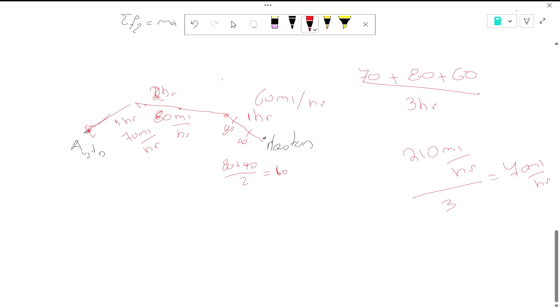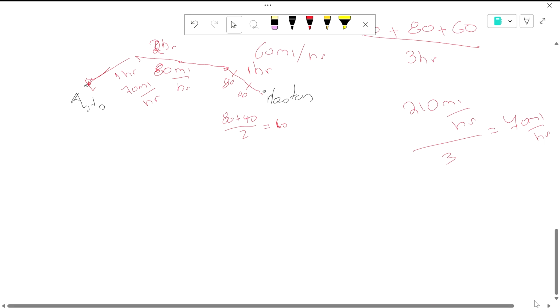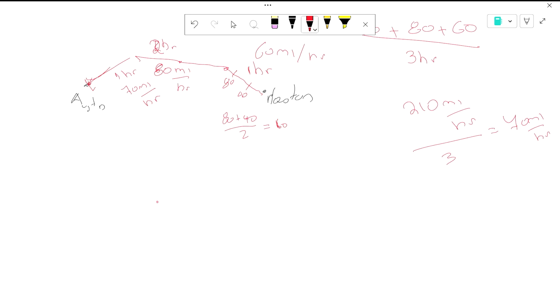And that is if we only had a 3-hour trip. If it was 2 hours at 80 miles per hour, it would be 70 plus 80 plus 80 plus 60 divided by 4.